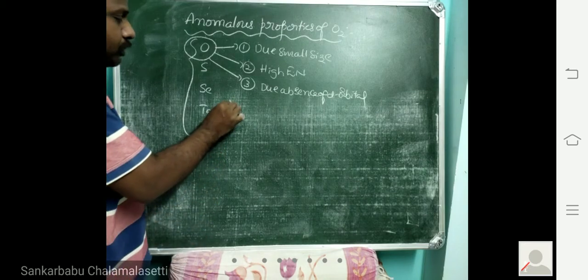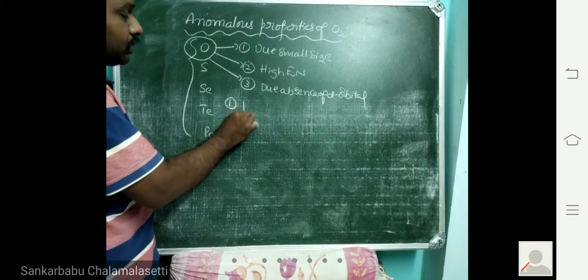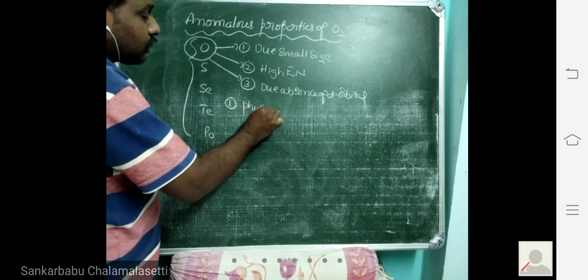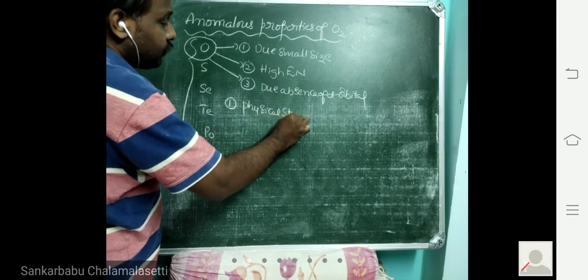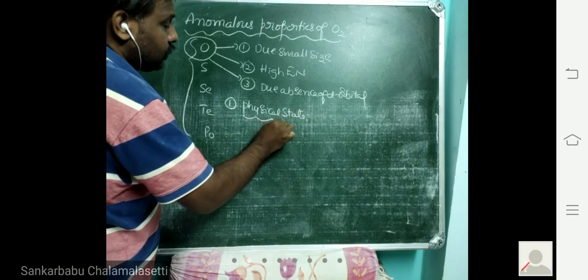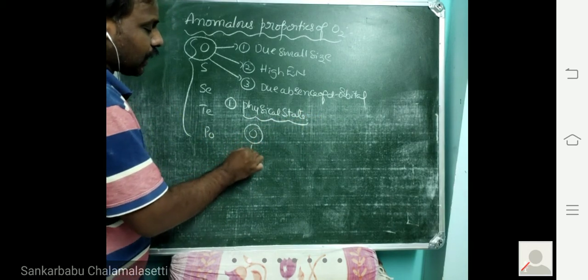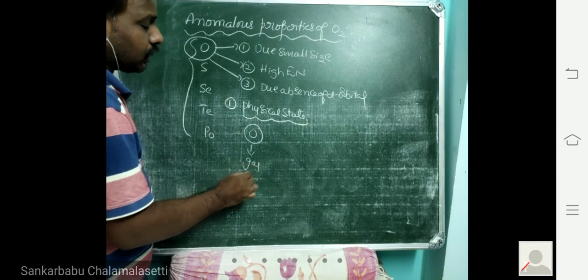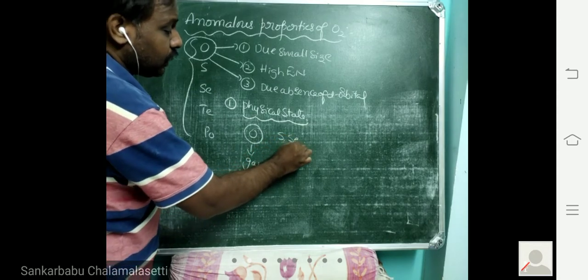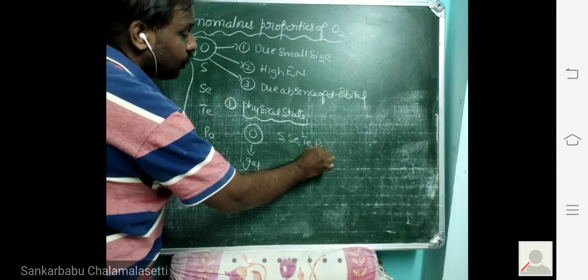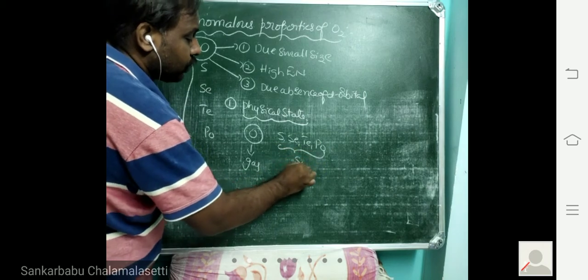The first anomalous property shown by oxygen is physical state. In this group, oxygen is a gas, whereas all the other elements, sulfur, selenium, tellurium, polonium, are solids.